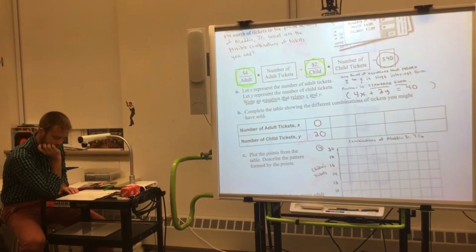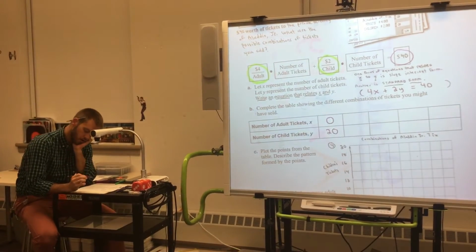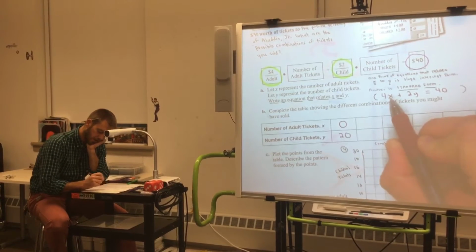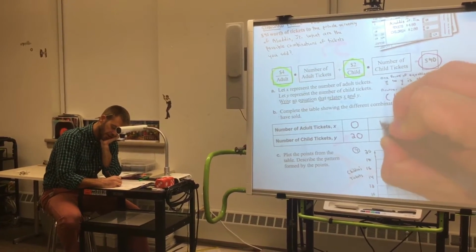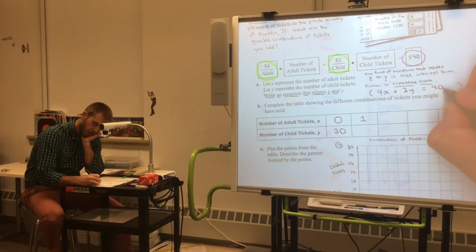Thinking about this further, could I sell 1? I could. If I were to sell 1 adult ticket, that would be 4 times 1. Take away that, so 36.